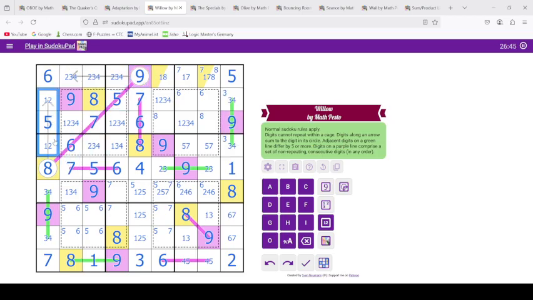Something else forcing on these lines. One, two, three, or seven. Oh, this isn't a 4. That's something. 4 is one of those 2 cells.